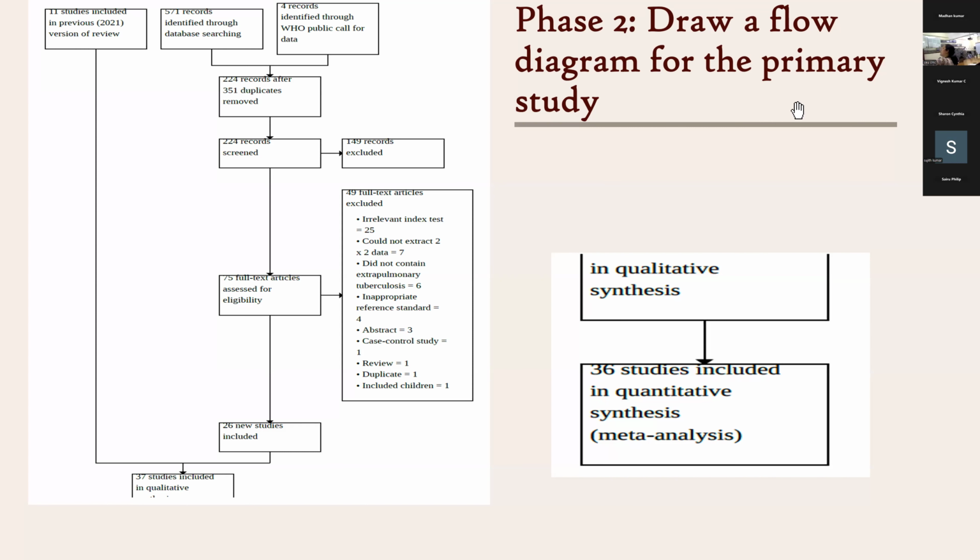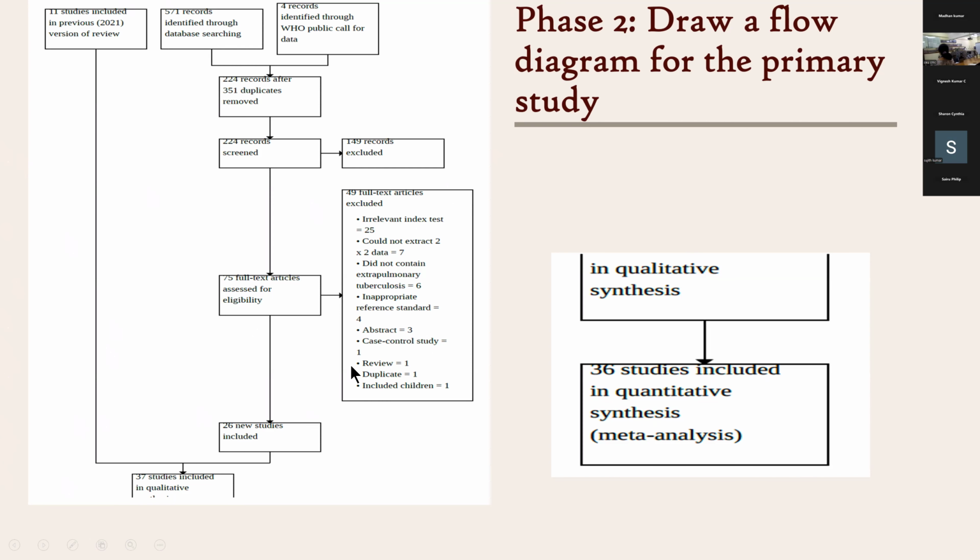They had actually already conducted this review in the past, so they had 11 studies from previous. They had 571 records, which they screened through databases, and they got 4 additional records through the WHO public call. 224 records remained after removing duplicates. Of these, 149 were excluded based on title and abstract. 75 full texts were assessed for eligibility, and among those they had irrelevant index tests, couldn't form a 2x2 table, did not contain extrapulmonary cases, and some were case control.